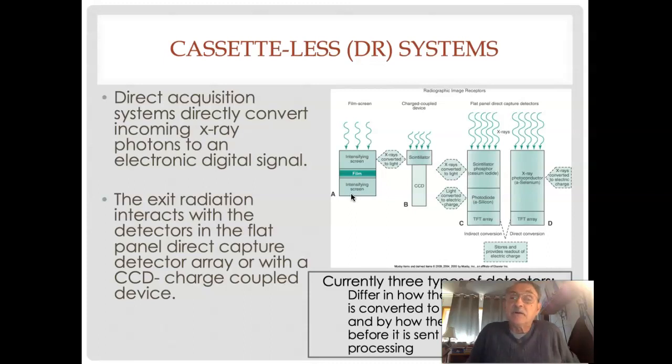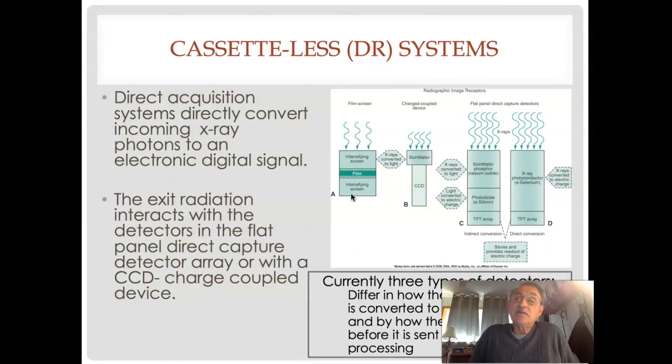The next one over is the charge coupled device. A charge coupled device uses a scintillator. The indirect process uses light. And whenever there is light associated, there's some way that we convert that light to the capture element to be stored.